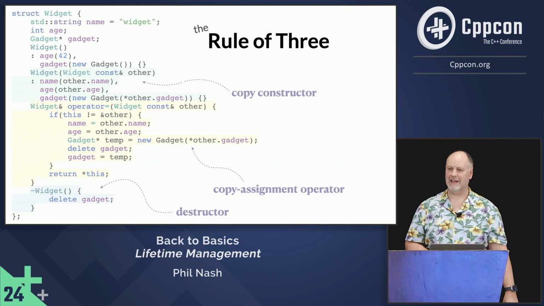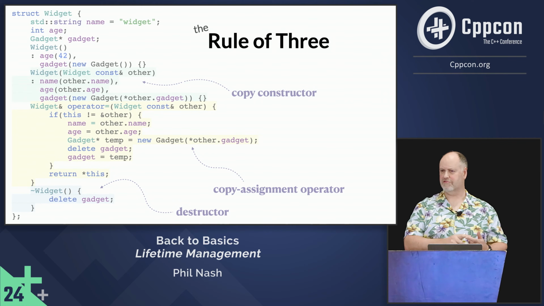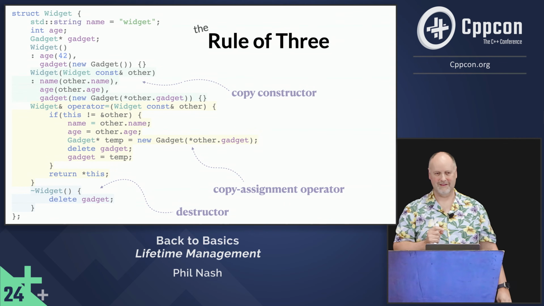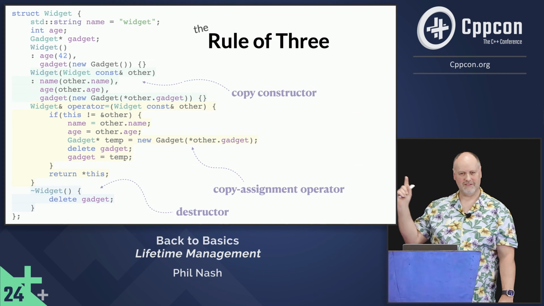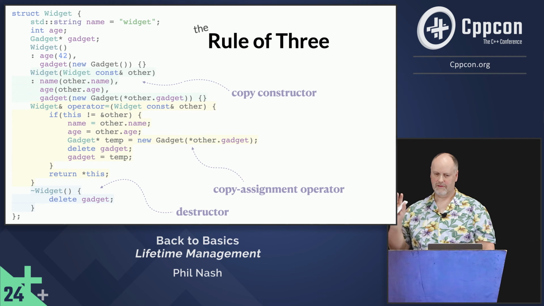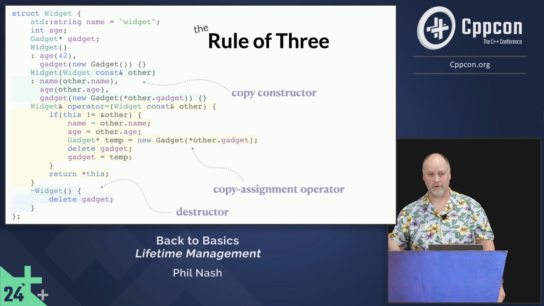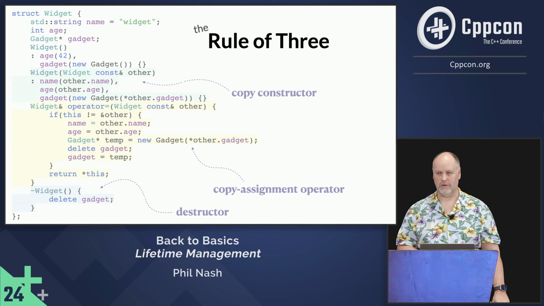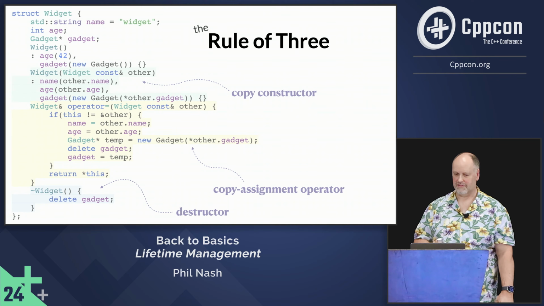Yeah, C++11, we've now got move constructors and move assignment operators, and now it's the rule of five. And we will get there, I promise. But it's worth still thinking about the rule of three, because actually, the move operations are not necessary all of the time. So don't make life hard for yourself if you don't need to. The rule of three can still get you there.